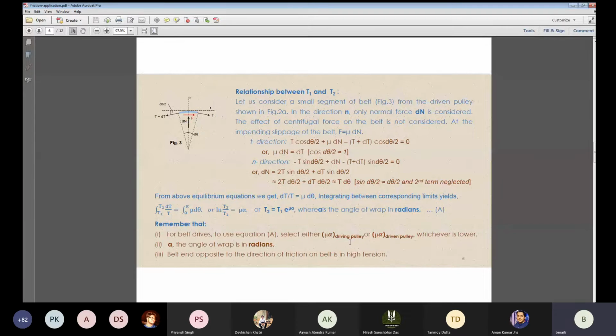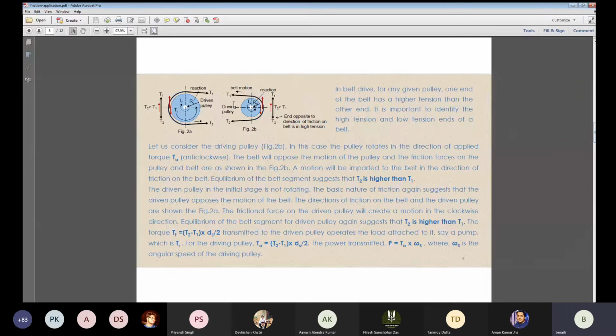Suppose I just take an example. Here in the earlier picture, one slide behind, the angle of wrap is lower for the driving pulley and higher for the driven pulley.